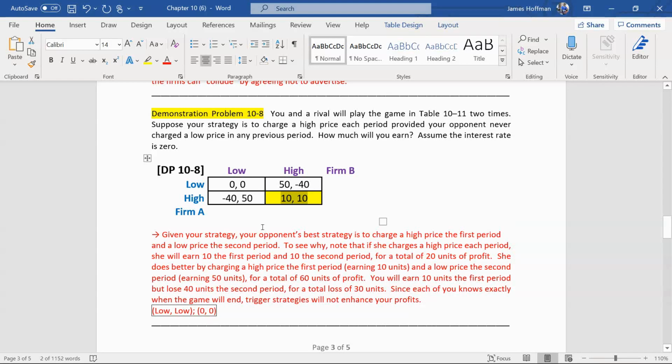So if you play the agreement 2 times, both firms get 20. But if you play it once and cheat, you get 10 plus 50, which is 60. Now the problem is that both firms will figure that that's the thing they should do, and if the final period is known, both firms are just going to cheat right away, and it's going to go to this result.